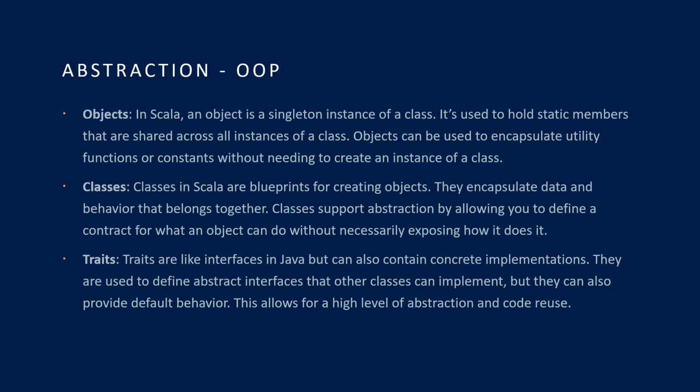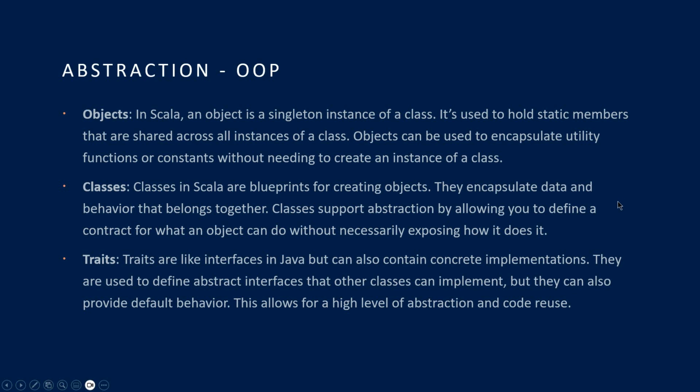I think I've mangled my wording a little bit there, but basically my point is that within Scala, because we've got OOP, you can use objects as a way of encapsulating stuff, which aids abstraction.